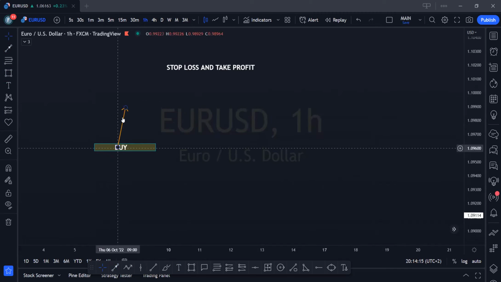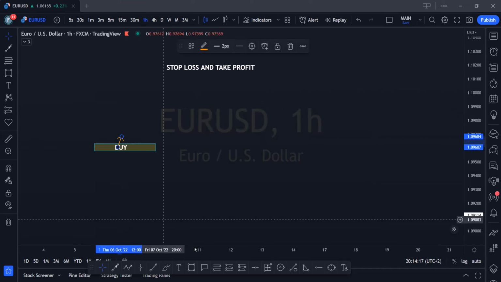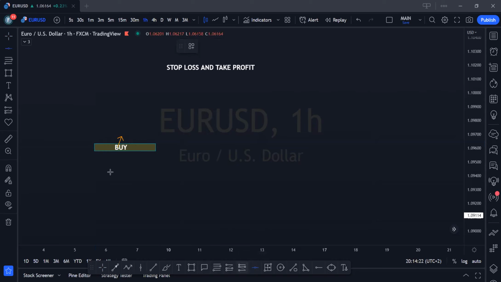So when you enter a buy here, and then for some reason, price starts going against you. It starts going in the opposite direction. As it is going against you, you are losing money. The money in your capital is reducing.